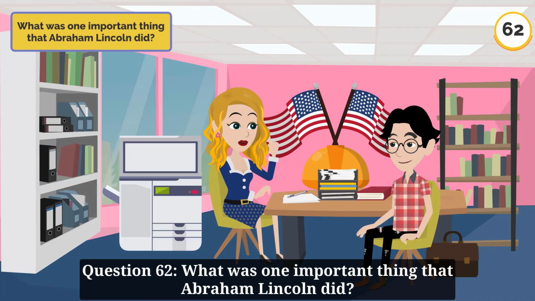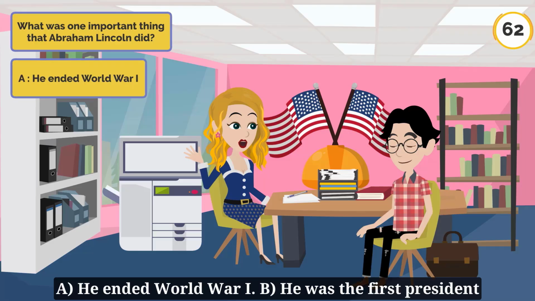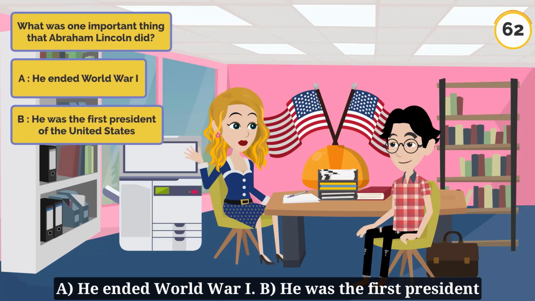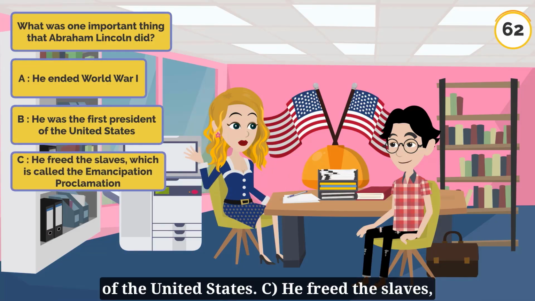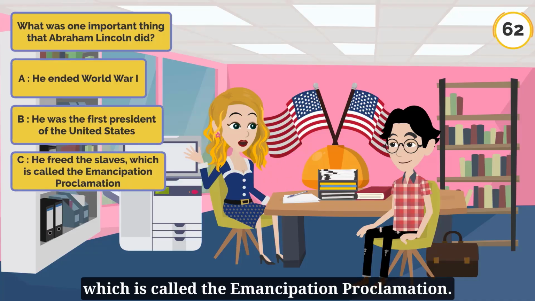Question 62. What was one important thing that Abraham Lincoln did? A. He ended World War I. B. He was the first president of the United States. C. He freed the slaves, which is called the Emancipation Proclamation.